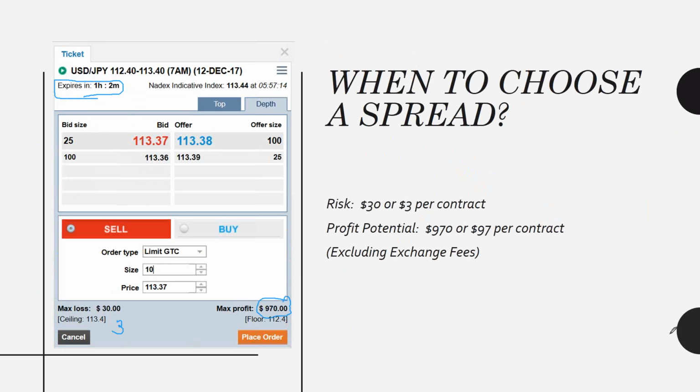But what is the next question that you want to ask? Okay, is it feasible for the USDJPY to move significantly in the next hour and 2 minutes? That's the question that I ask, okay? Because you want to trade a spread when you're going to have movement, okay?